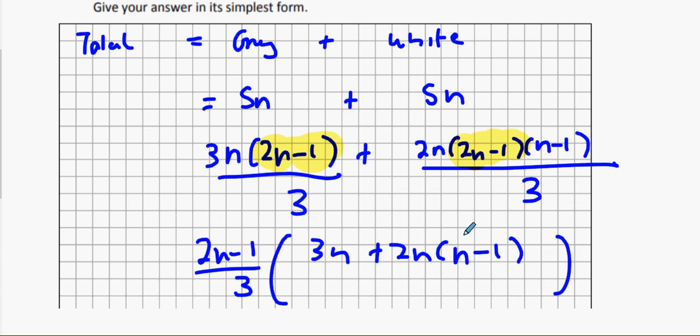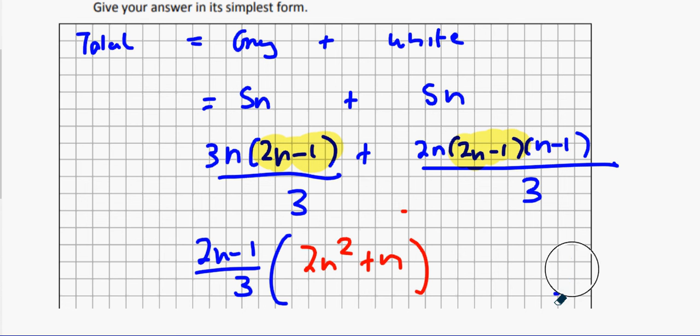Now I'm going to explore that by multiplying it out. I'm going to get 2n squared minus 2n, and then if I add on the 3n, it's going to be 2n squared plus n. So I'll just rub all that out and write down 2n squared plus n. And then I can factorize out n as well, so that's n into 2n plus 1.